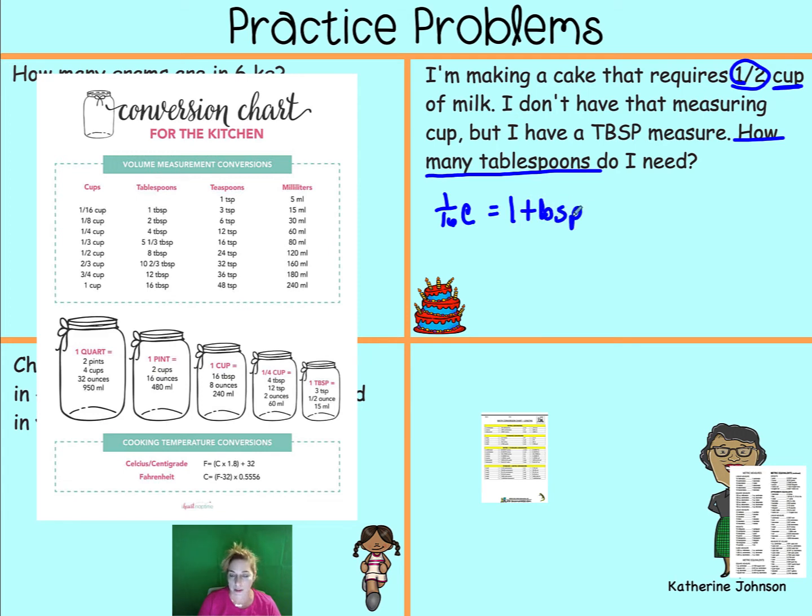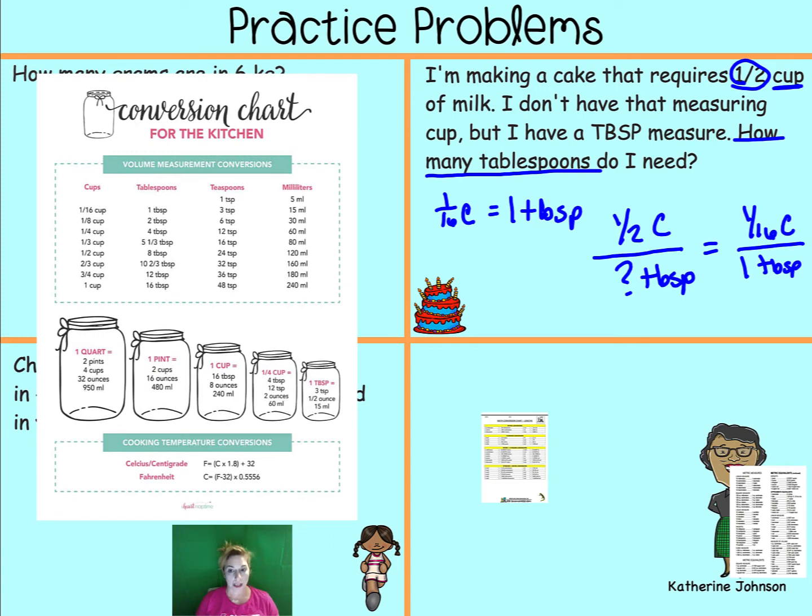So let's write what we have. Half a cup is how many tablespoons? Keeping the same values in the same places, I need cups up here, so 1/16 of a cup is the same as 1 tablespoon.